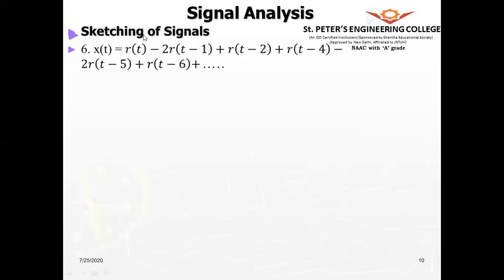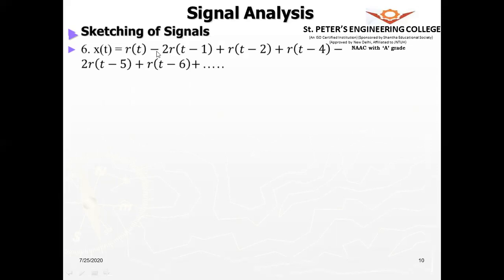Next, similar to the u of t, we are going to use the r of t and generate a periodic signal. Here it is r of t minus 2 into r of t minus 1.